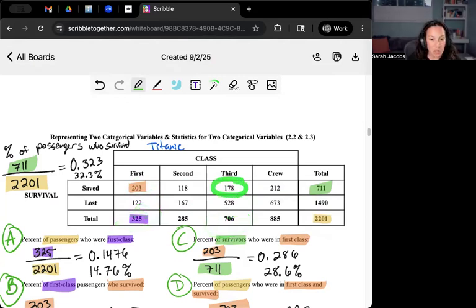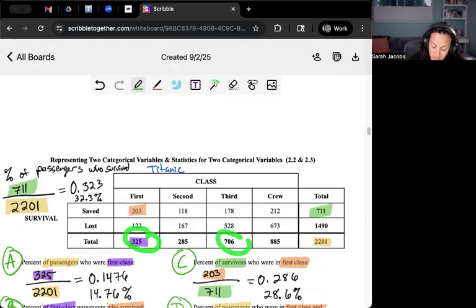This 200-ish represents a much smaller portion of the total third class passengers, whereas this 200-ish represents much more than half, almost two-thirds of the first class passengers. So noting that these are both 200 is not as illustrative. It's a good thing we don't use that curriculum in math. It doesn't show us as much as thinking about them compared to the totals.